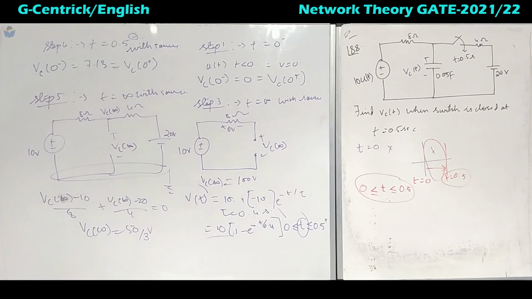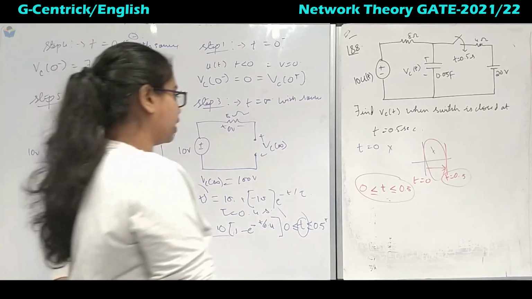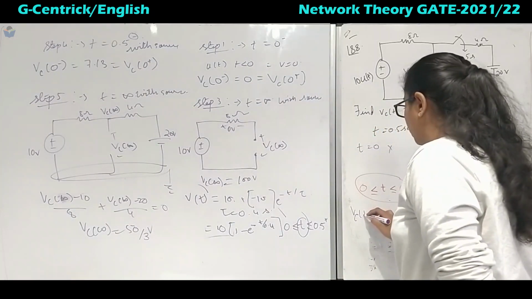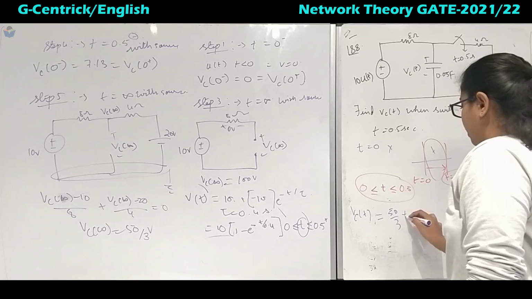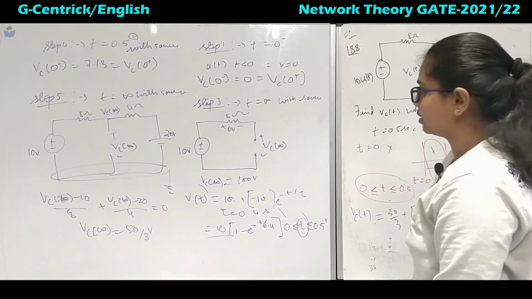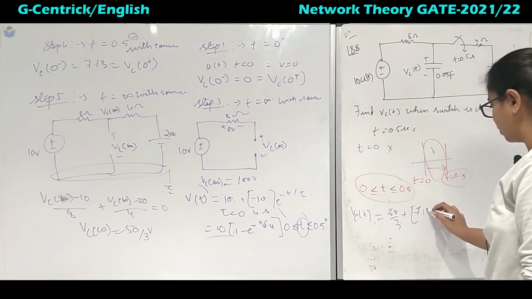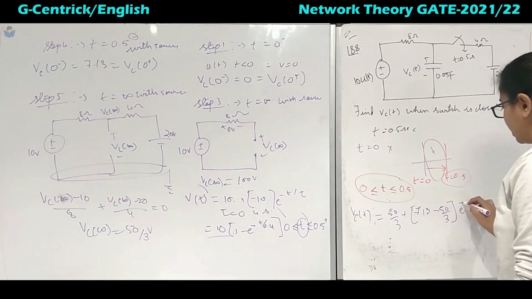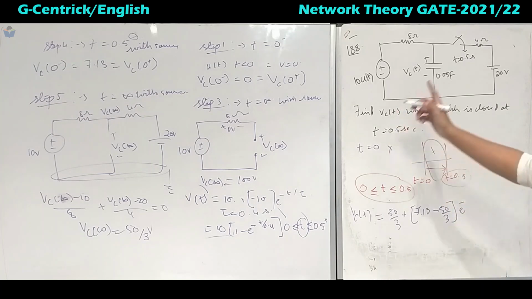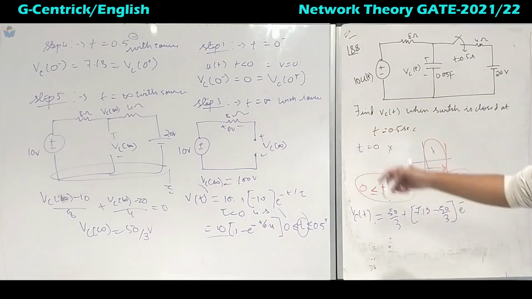For this one again we can now write the generalized equation. Our final value is 50 over 3 plus initial value 7.13 minus 50 over 3, and in the time term it is shifted by 0.5, which indicates the delay.